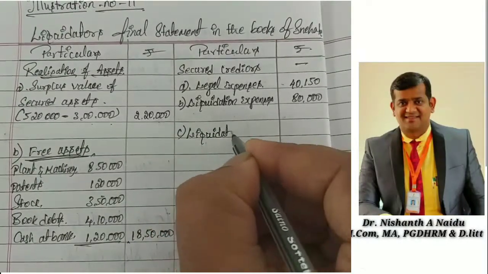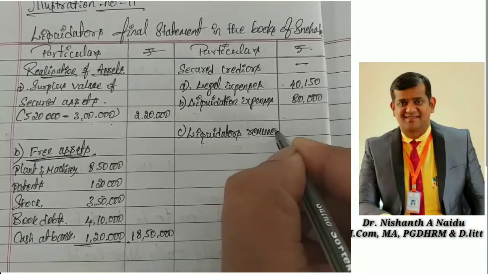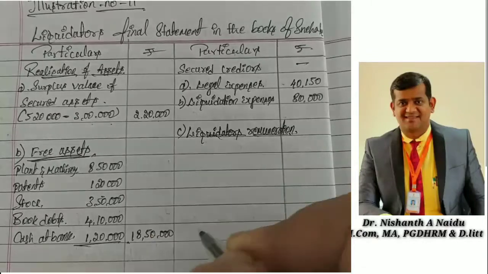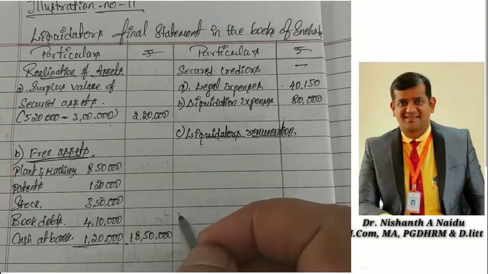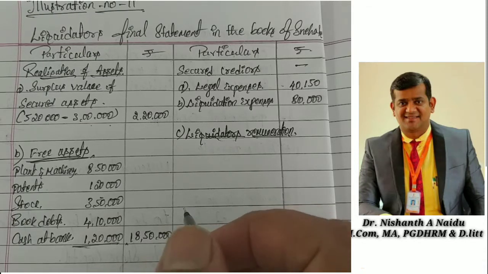So liquidators remuneration, how much is it all about? They said 3% on all assets realized. The liquidator is entitled to a commission of 3% on all assets realized.